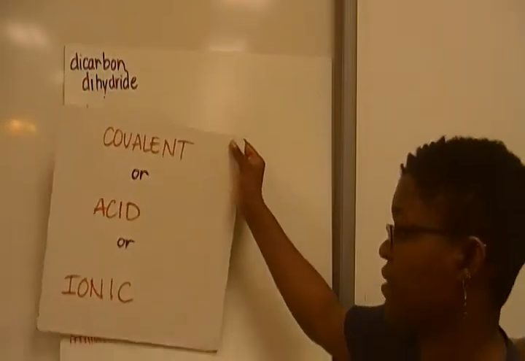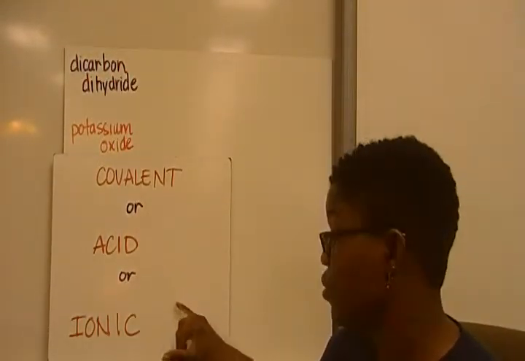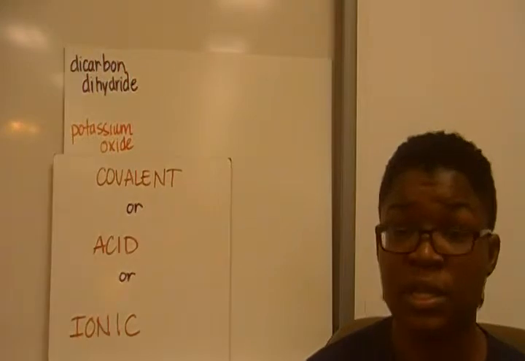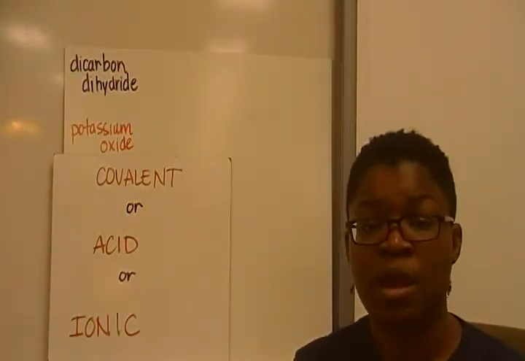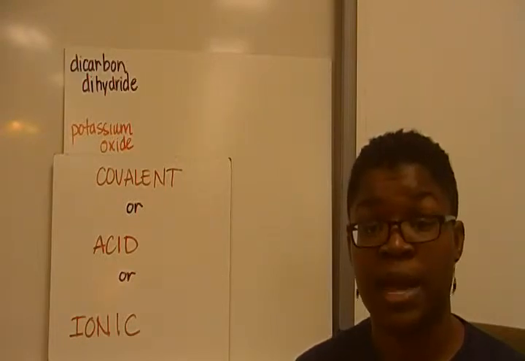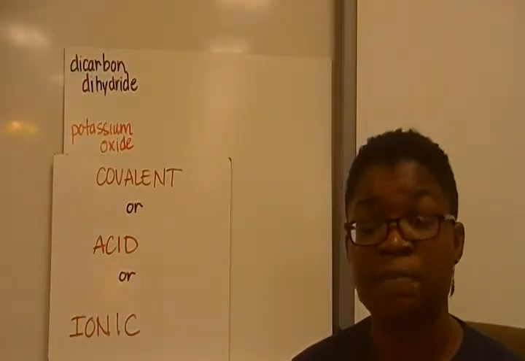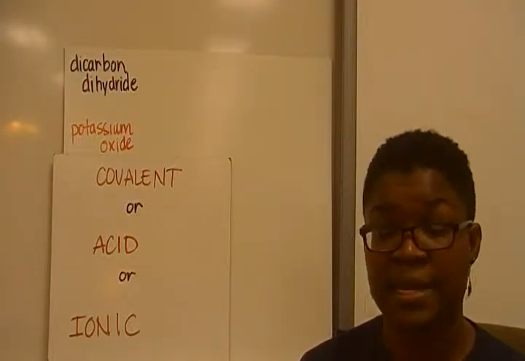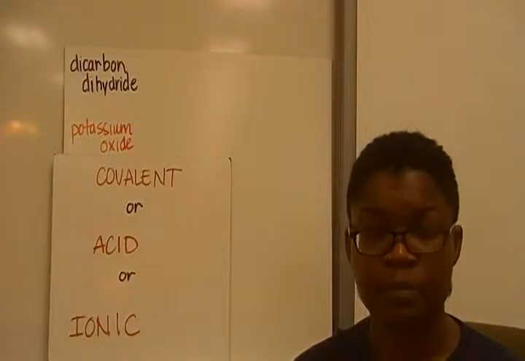Once we've addressed the fact that it's a compound, we need to figure out, is it covalent, is it acid, or is it an ionic compound? Here's some tricks. If you look at the stair-step line that starts between boron and aluminum on your periodic table, that stair-step line separates metals from nonmetals. Everything on the right-hand side is a nonmetal. Everything on the left-hand side is a metal.